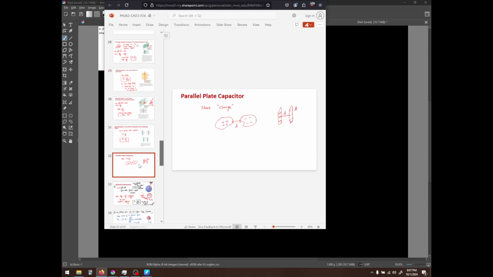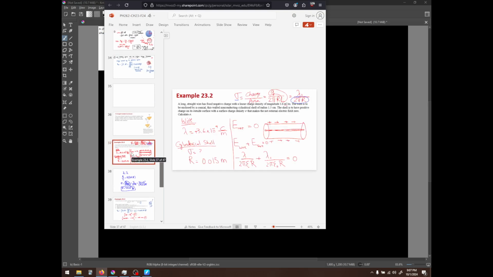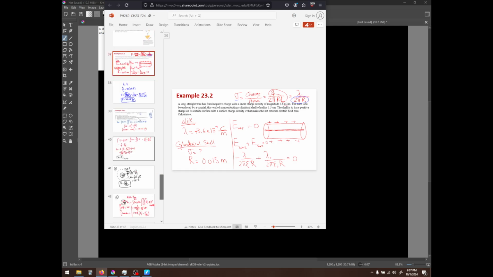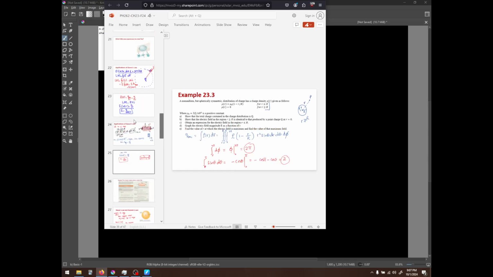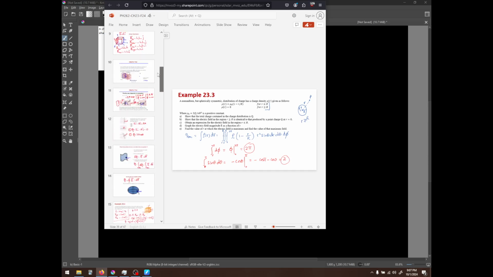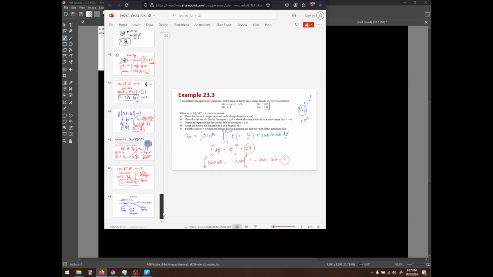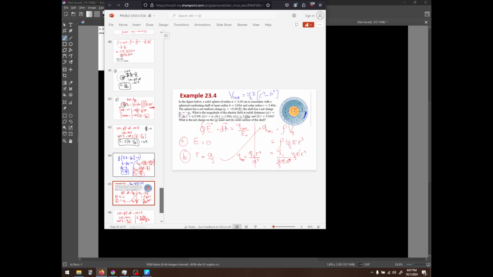Cylinder, that's close to a rod, but I think we have a rod and ring problem. A wire. It's a sphere thing.